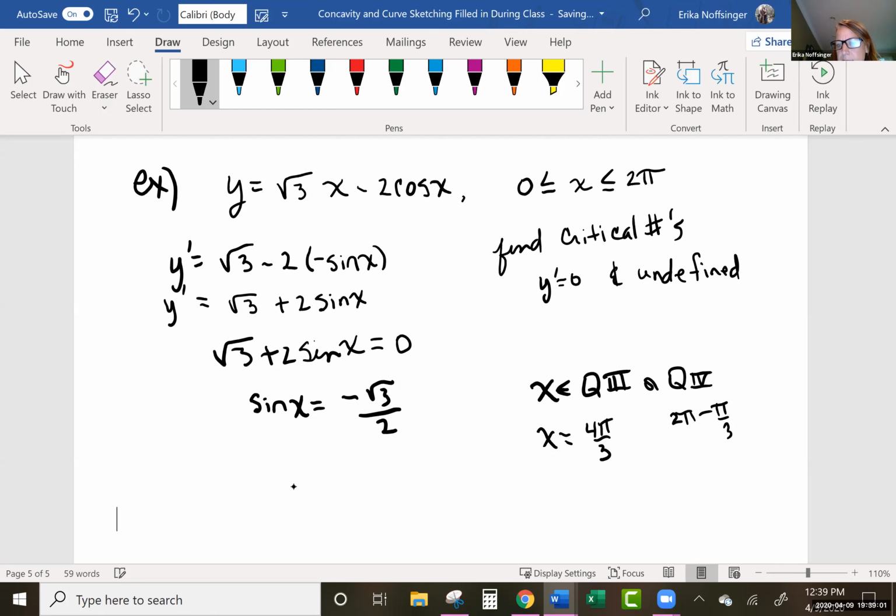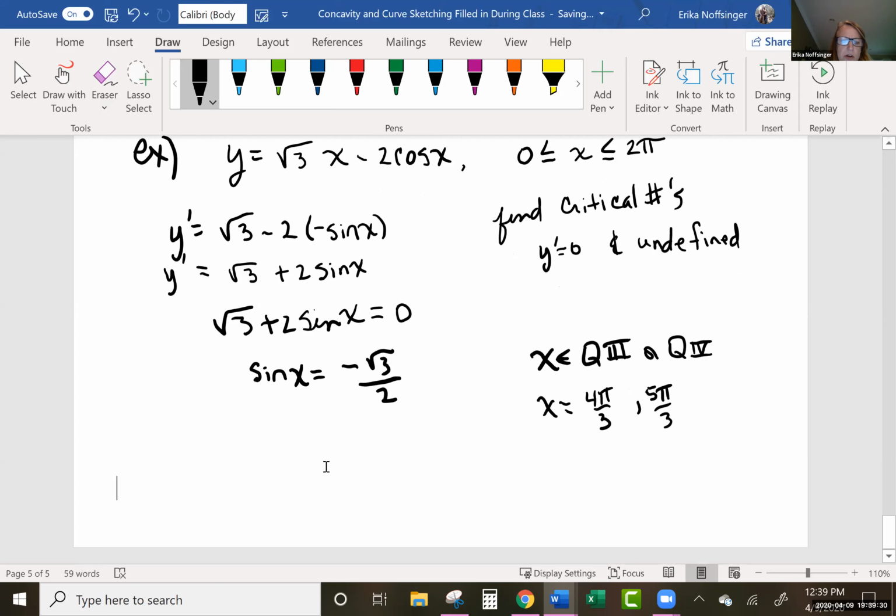So this is 6 pi thirds minus 1 pi thirds, that's 5 pi thirds. And then we could think about any multiples of these. We actually have to be careful. We're going from 0 to 2 pi. If I added 2 pi to these, this would get me past that interval, so I'm okay. So those are our critical numbers.